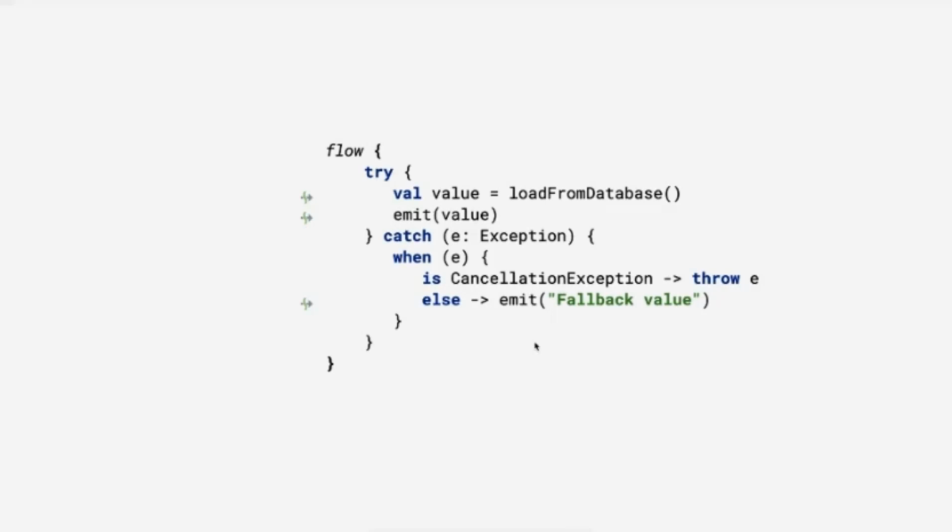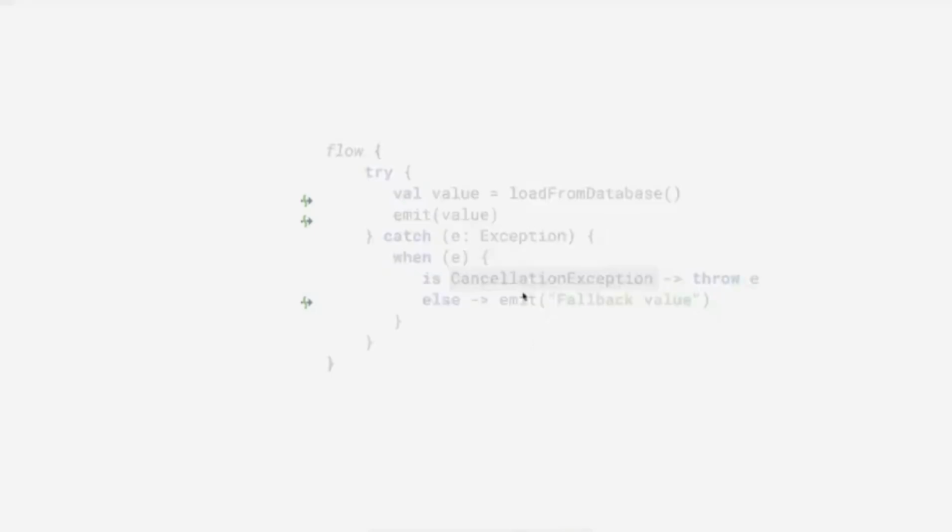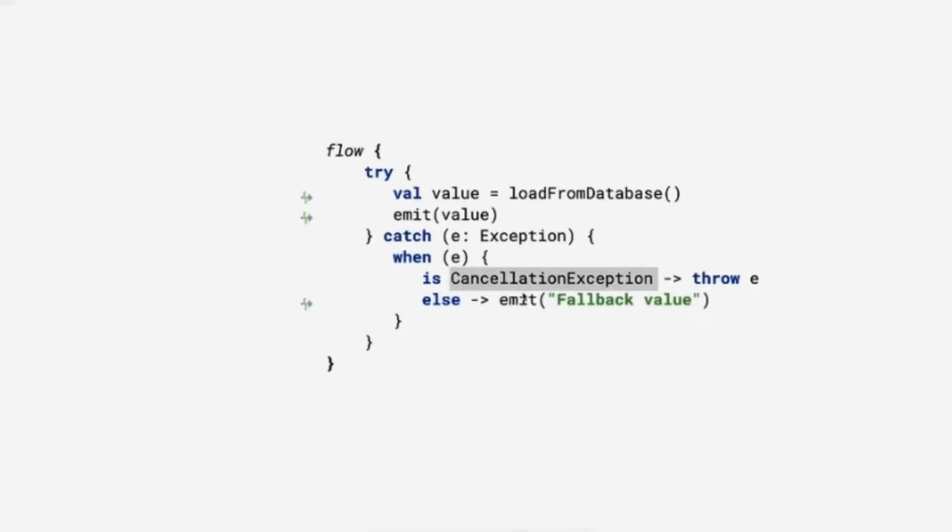During those times, just make sure to ignore the cancellation exception, because you don't want to emit an error when your flow or coroutine was canceled. This cancellation exception is thrown by Kotlin Coroutines when the coroutine or the flow was canceled, and you don't want to treat it as an exception of your business logic. So it's important that you ignore this error and throw it back again. This is exactly how the catch operator works internally.